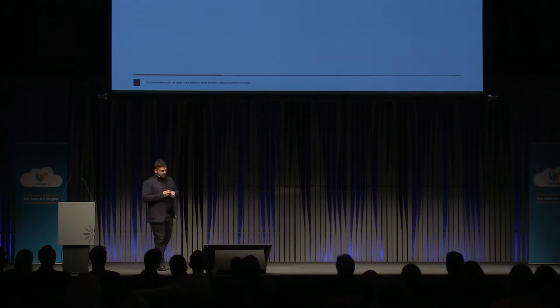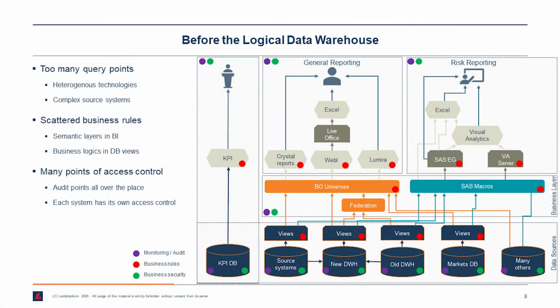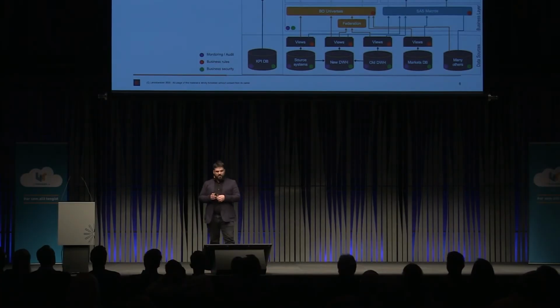So if you have a look at how it was before, it was kind of a mess and hard to track, especially because we had too many query points. Each of our sources was a different and distinct query point, with a lot of different technologies and a lot of different source systems, like I said. All the business logic was scattered all around.